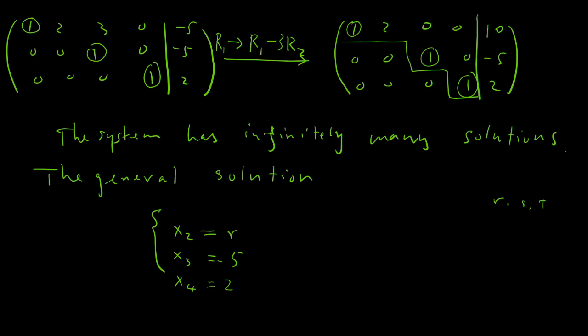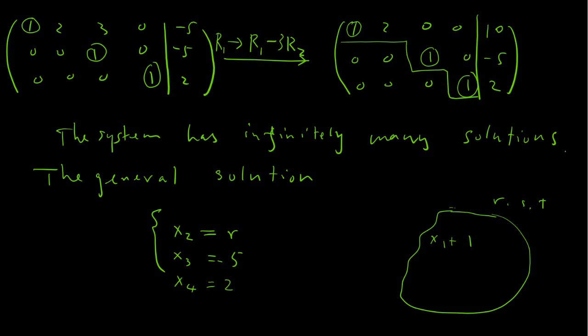Now, to represent x1 in terms of the parameter R, we are going to use the first row. The first row determines an equation. Write that equation first. I'm telling you the longer way first. The first row determines the equation 1 times x1 plus 2x2.